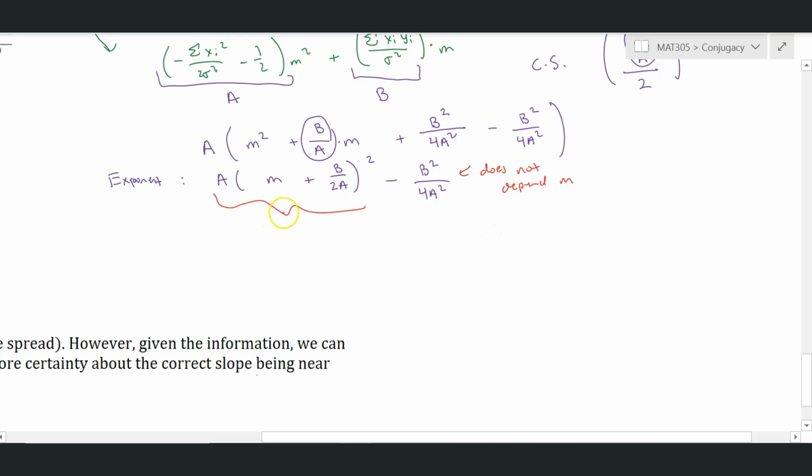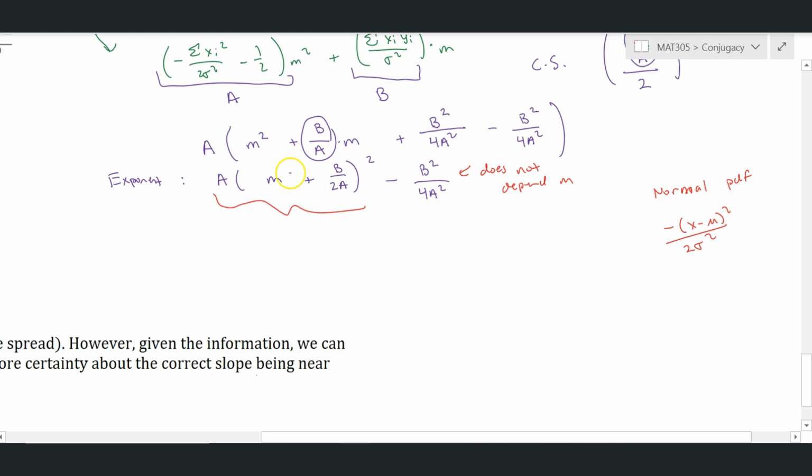The reason that we just need to focus on this piece is that it's already taking the shape of the exponent of a normal PDF, which has in the exponent negative quantity x minus mu squared over 2 sigma squared. Now, all I need to do here in order to get it into this form, notice that it's already taking on that shape.